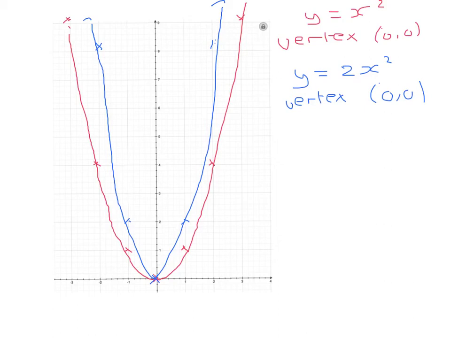How about if we wanted to draw y equals a half x squared? The vertex is still 0, 0, so we still start there, but this time we're going to go out 1 and up a half times 1 on both sides, and normally we'd go out 2 and up 4, but it's going to be a half of 4 on both sides.